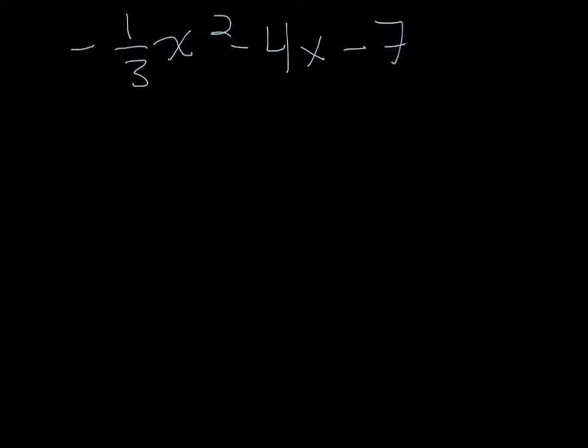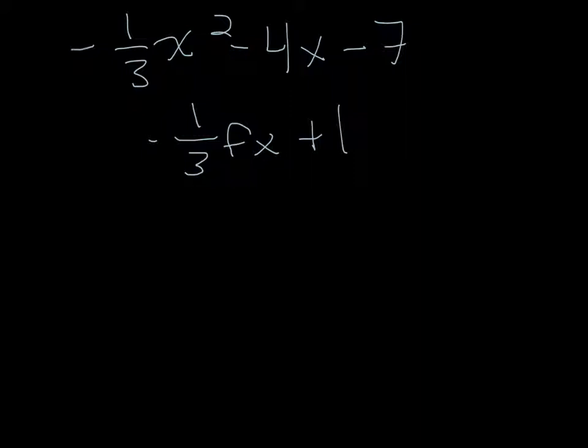So since g of x, we multiplied our original equation, f of x, by negative 1/3, and then we added 1. So we want to basically undo it like we'd solve an equation. To solve an equation, we'd subtract 1 first to get rid of that, and then to get rid of the negative 1/3, we would multiply by negative 3.